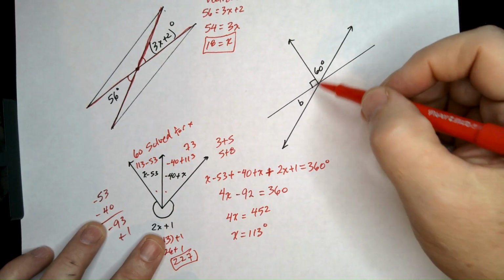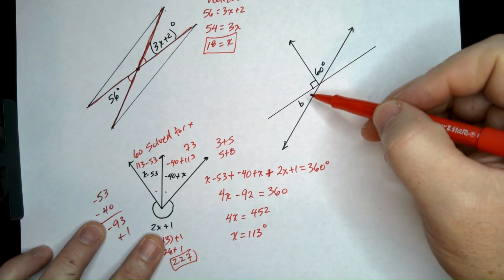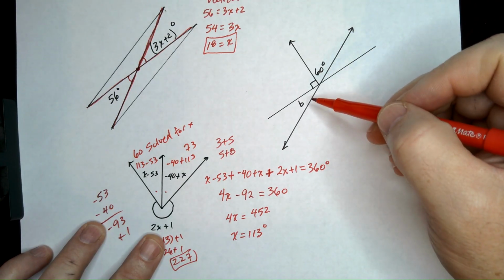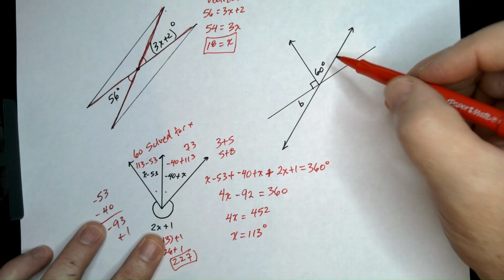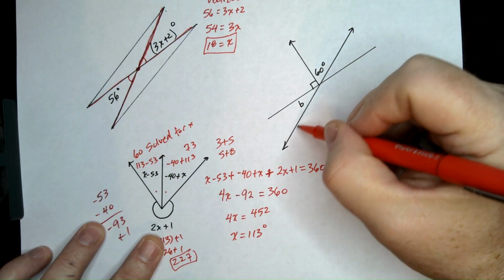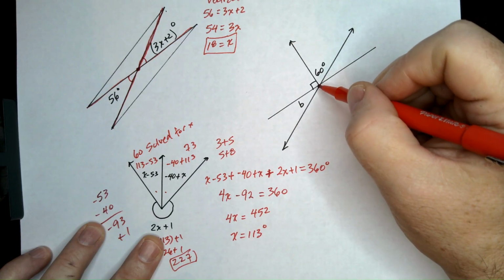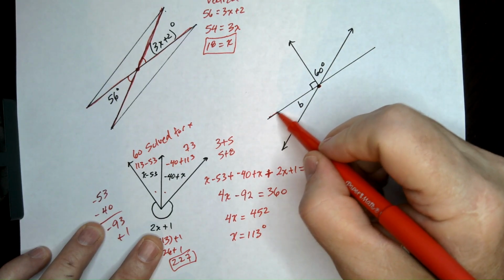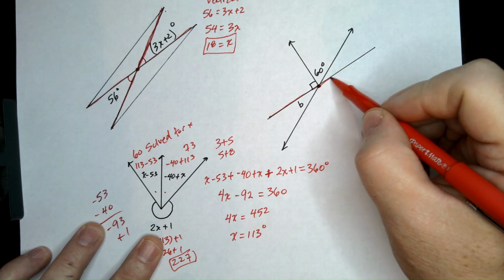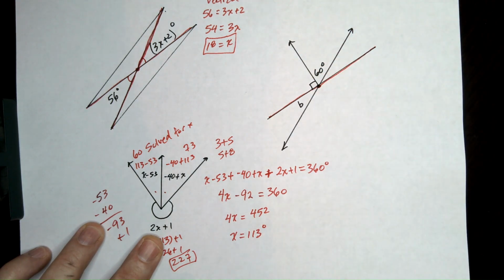This is maybe the one that would cause the most trouble, this style right here, because people are going to look at the 60 and the b and they're going to think that they're vertical, but they're not. The reason they're not vertical, well, they are both made by this line right here, and they do have a common vertex, but they don't share the other side. You see, this is the other side of B, and this line, if I continue it, it doesn't make the other side of this angle that's marked 60.